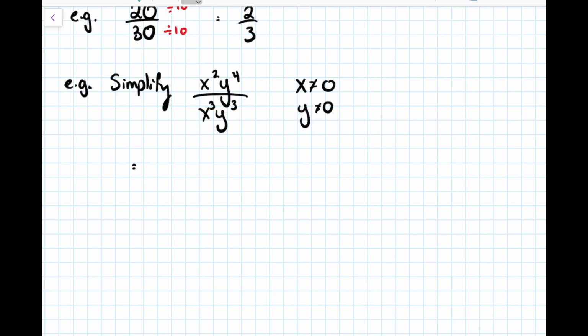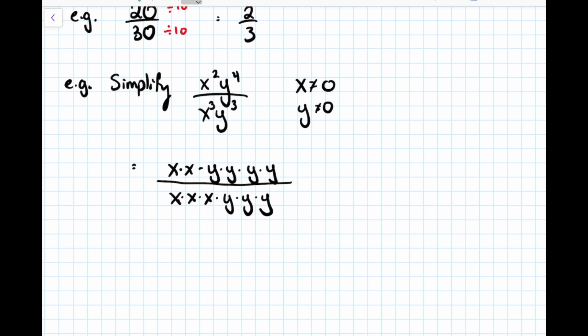So x squared is x times x. Y to the power of 4 is y times y times y times y. And then we've got 3 x's and 3 y's in the denominator. To simplify this, all we really need to do is cancel out common factors. You're going to divide the top and the bottom by the same thing, which in this case is just some x's and y's.